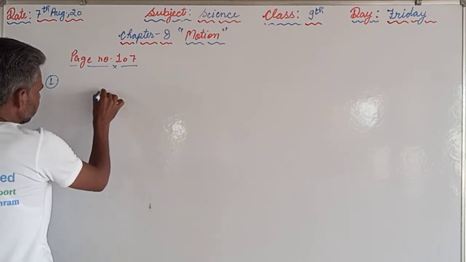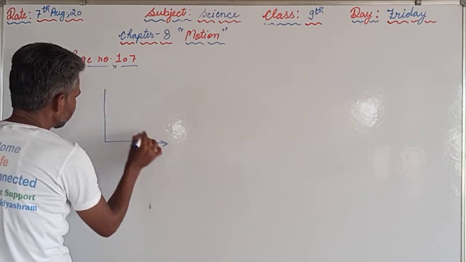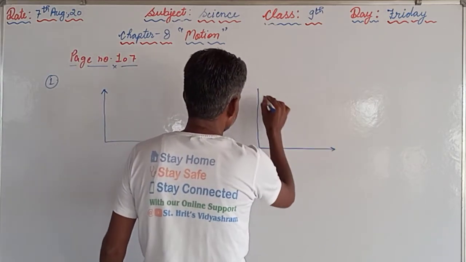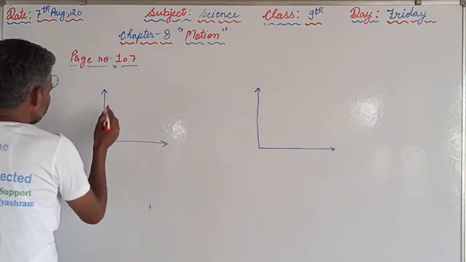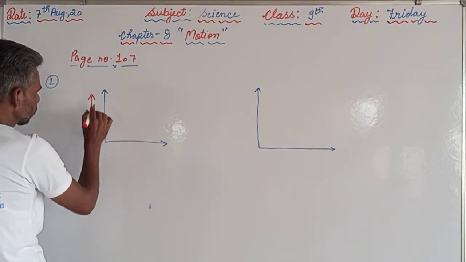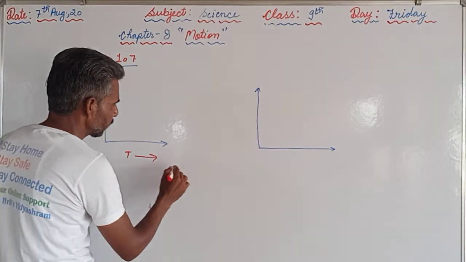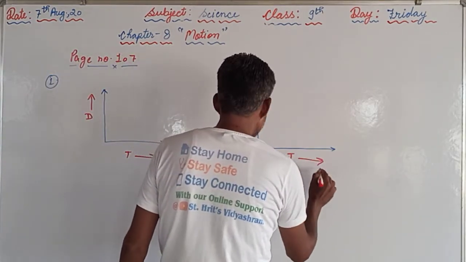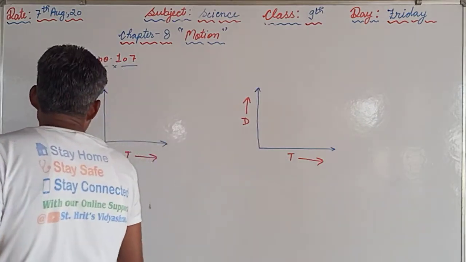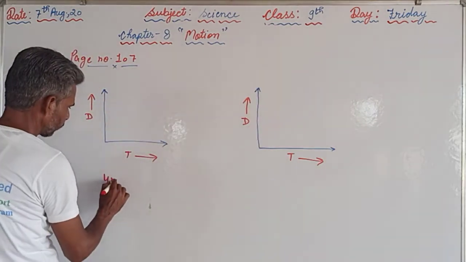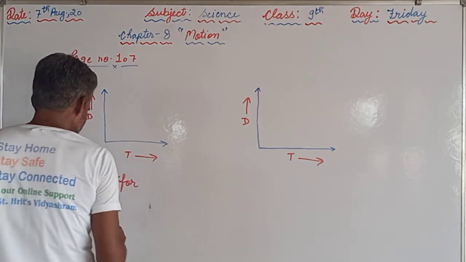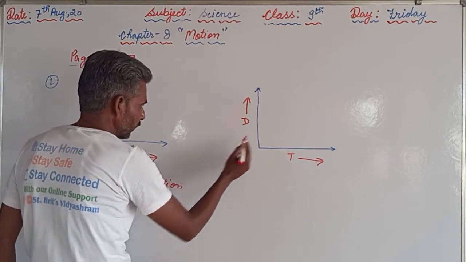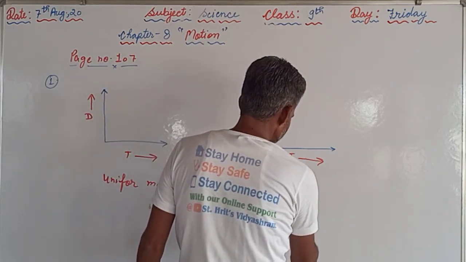So the distance time graph will be like this. On the vertical side we will show the distance, and on the horizontal side we will show the time, because this is the distance time graph. Now we are supposed to show the graph for uniform motion, and this is for non-uniform motion.